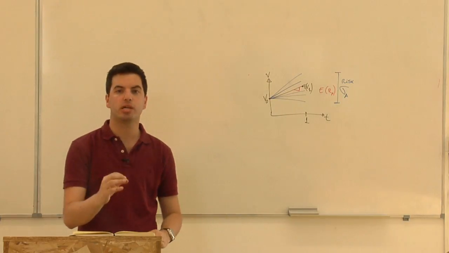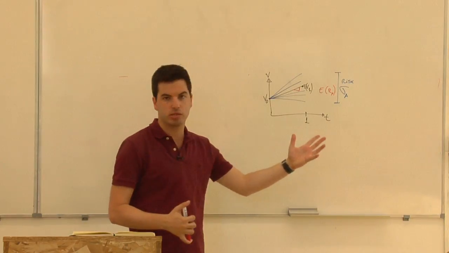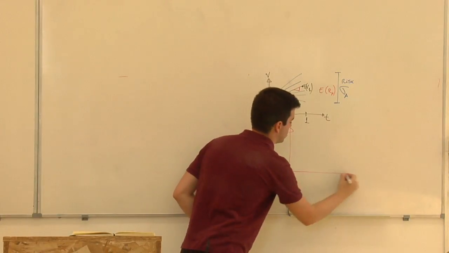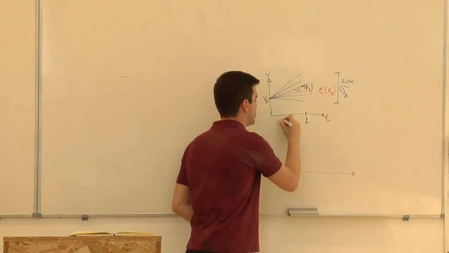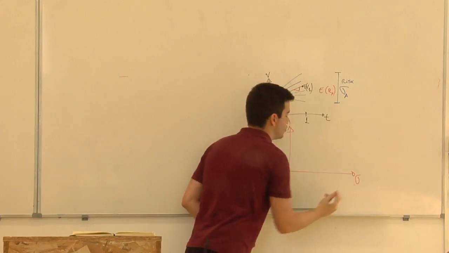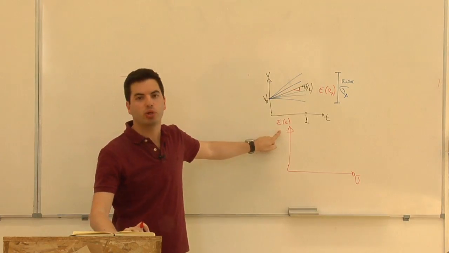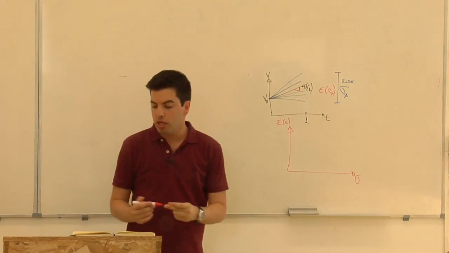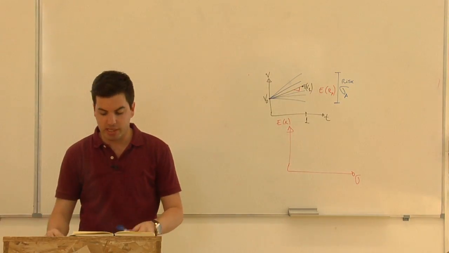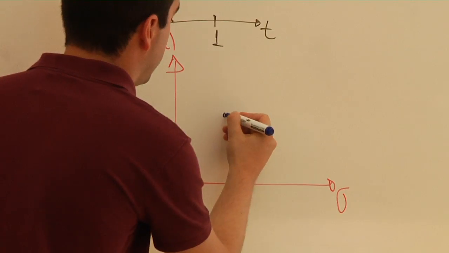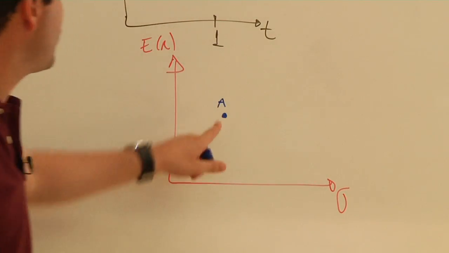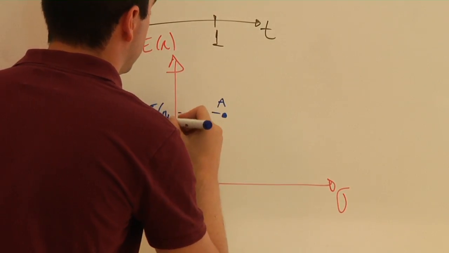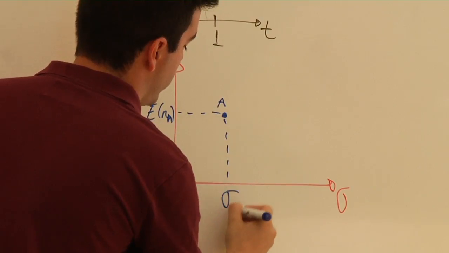So for every single asset, you are able to get these two things. And then we can place each asset on this plot. So we have here the relationship between risk, total risk, and expected return. Since you can find this for every single asset, you can place here, for example, asset A. So asset A is this point here with a certain expected return and a certain risk.